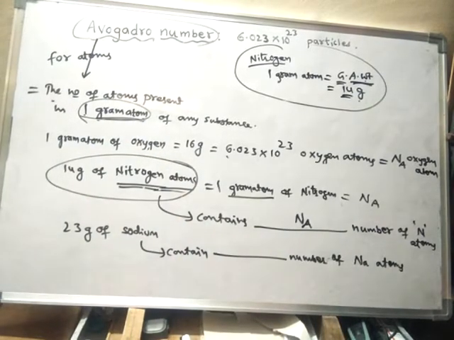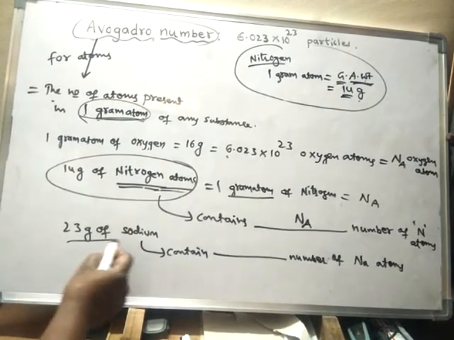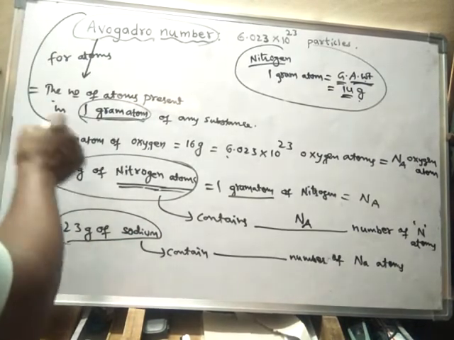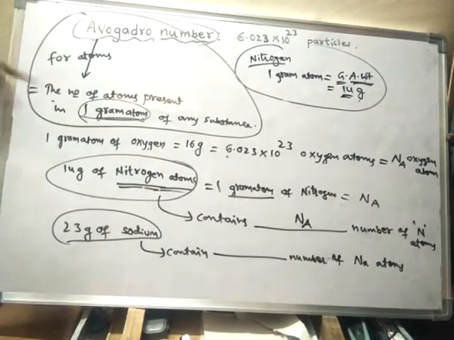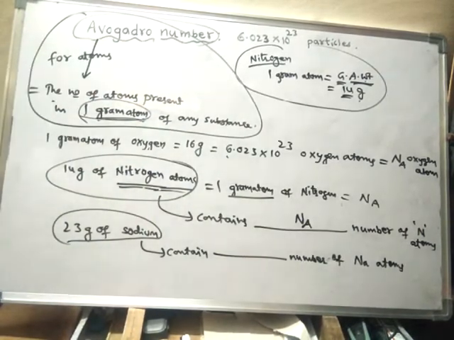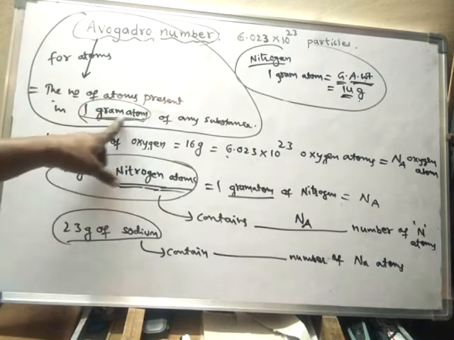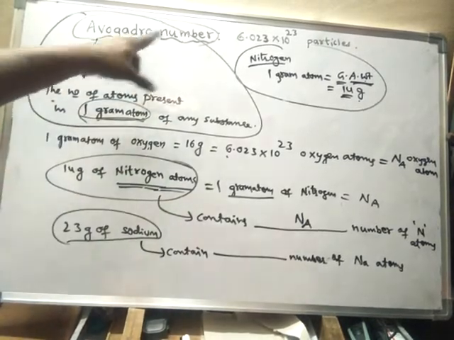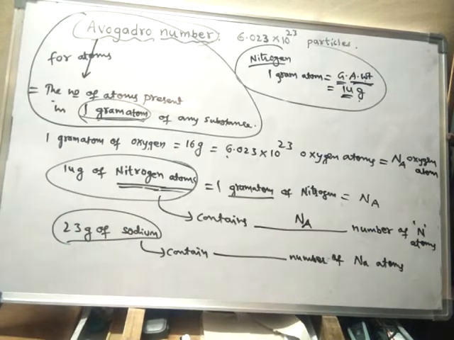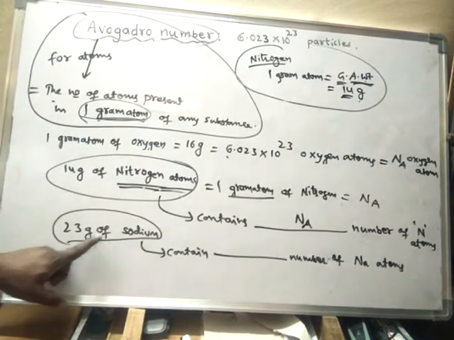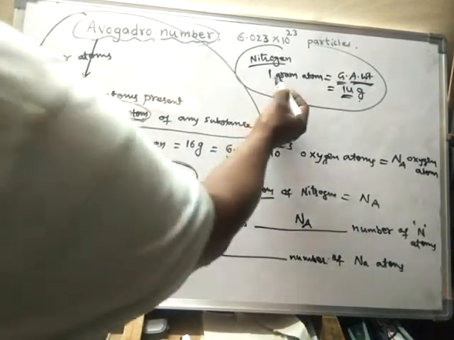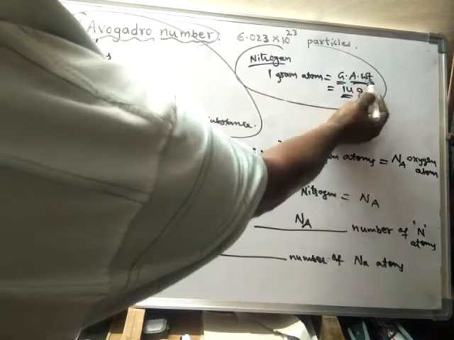Again, the question is 23 gram of sodium. Already we have to know this concept. What is this concept? 1 gram atom of any substance contains Avogadro number of atoms. The number of atoms present in 1 gram atom of any substance is called Avogadro number. So here, first we have to find 23 grams of sodium is equal to how many gram atoms? Already we know that 1 gram atom is equal to atomic weight in grams.